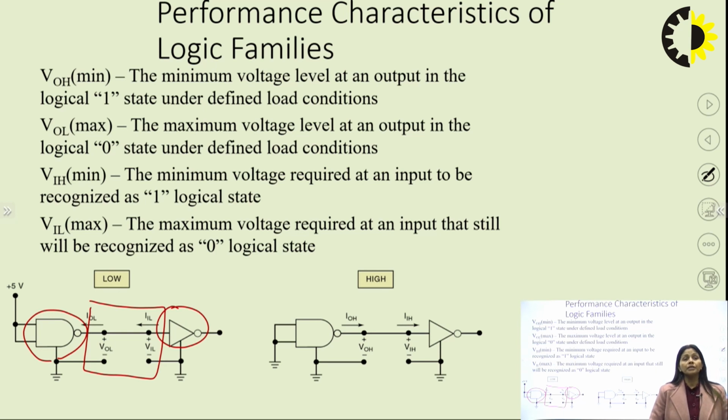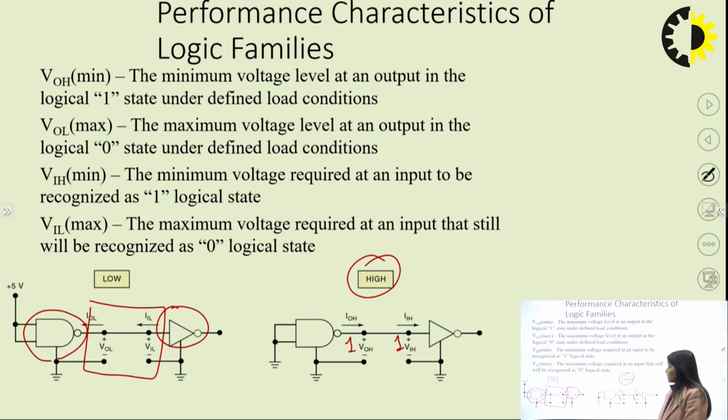Now coming to the parameter. VOH minimum is defined for the logic 1 state. Suppose there is a logic 1 between the two gates, as in this case where the output is high and this output goes into the input of the next gate. So we are talking about the one state between the two gates.